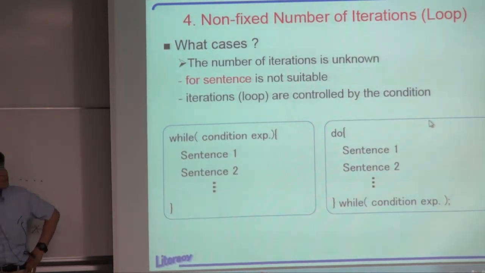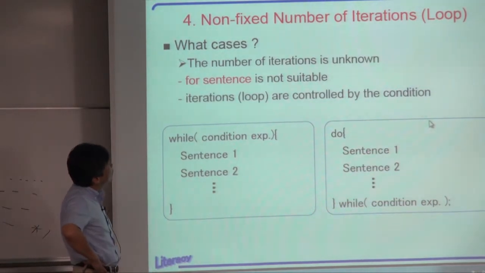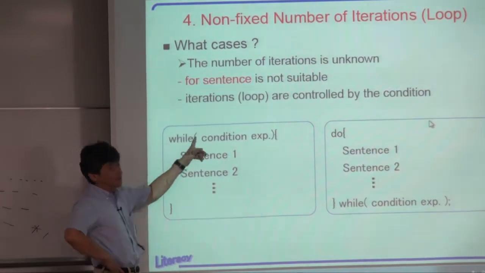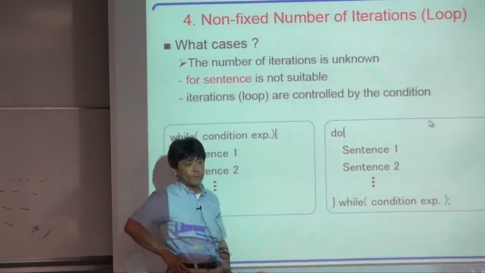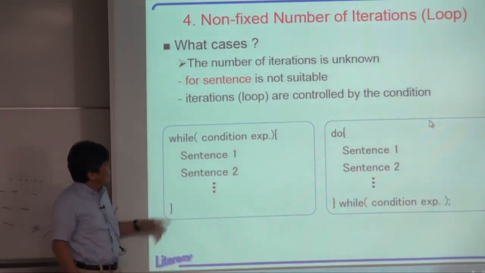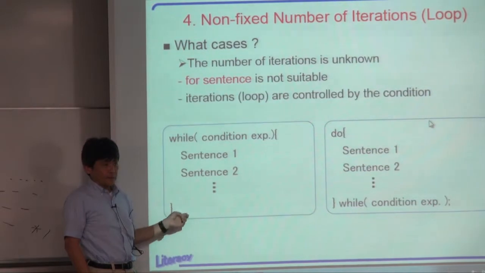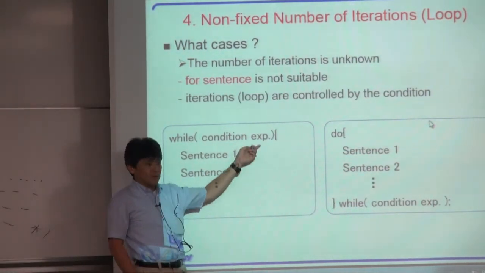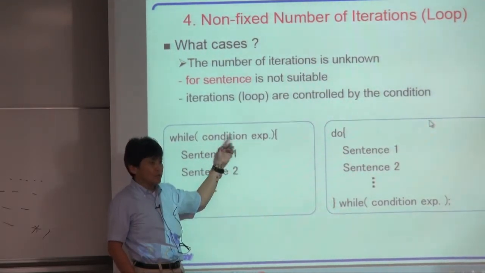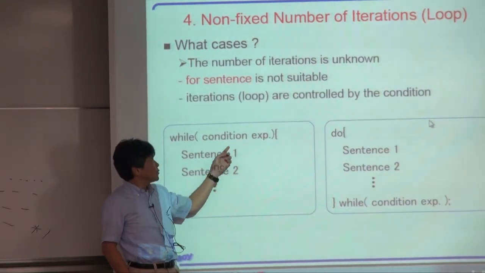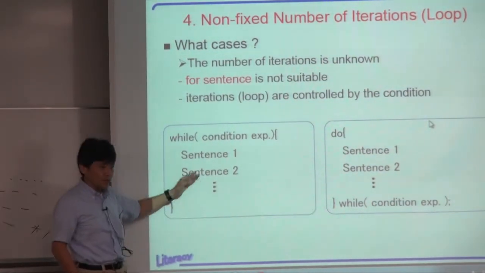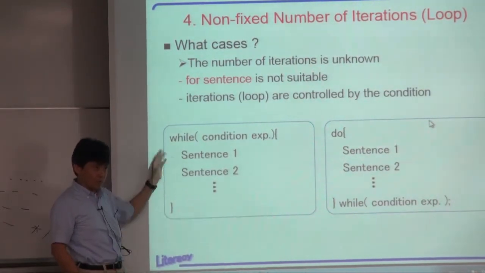For such cases, C program provides two types of loop sentences: while sentences and do while sentences. So this is the format of while sentences. One argument is necessary, usually a predicate, a condition expression. If this condition is true, this block will be executed. Otherwise, exit from the loop block.